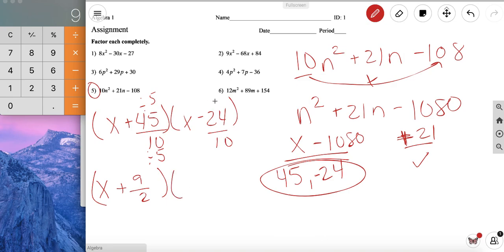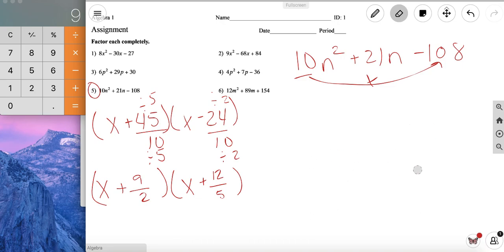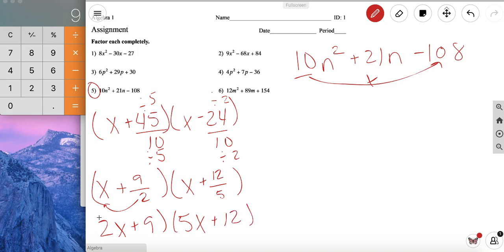And for this one, we're going to divide by what looks to be 2. Okay, we get x plus 12 over 5. Remember, we need to swing our denominators out in front, so this becomes 2x plus 9, and this becomes 5x plus 12.